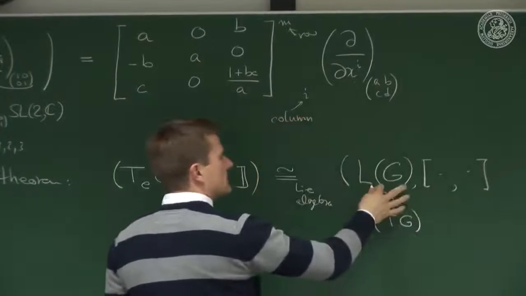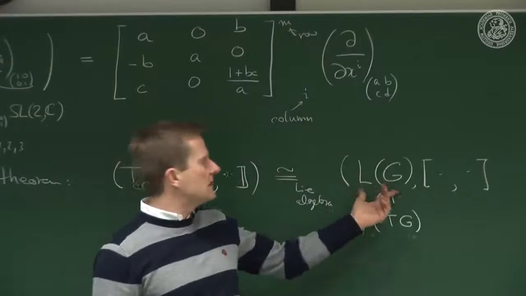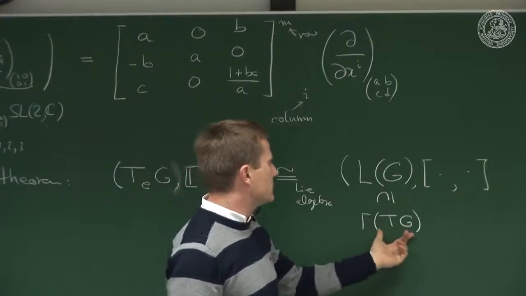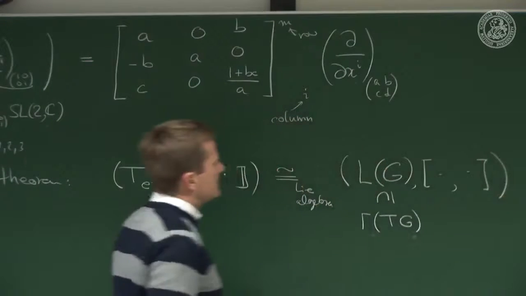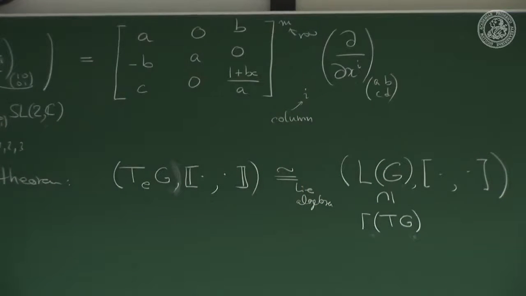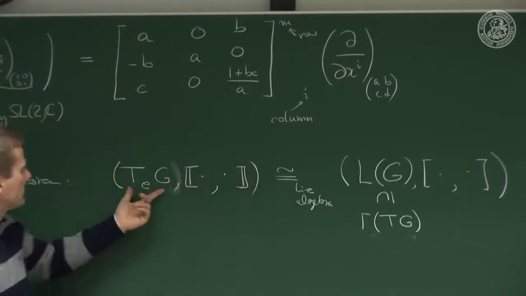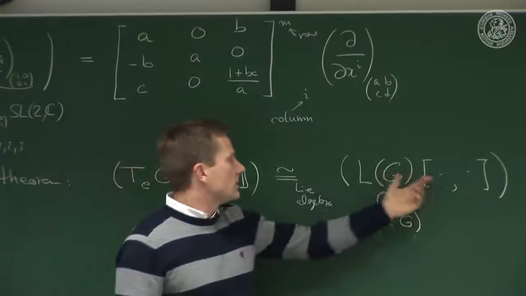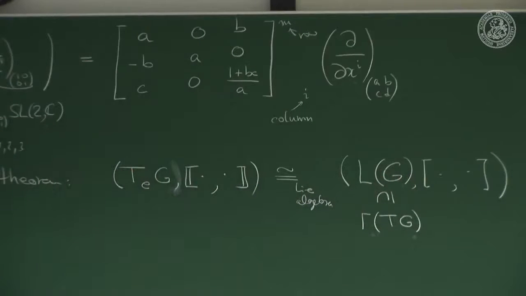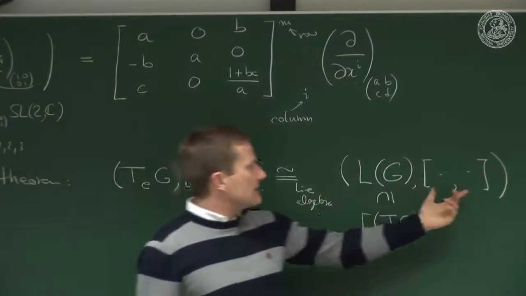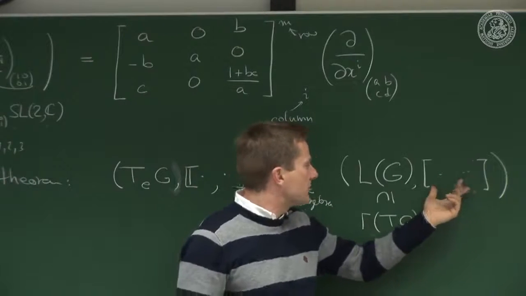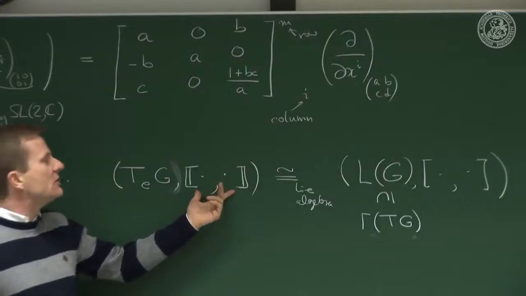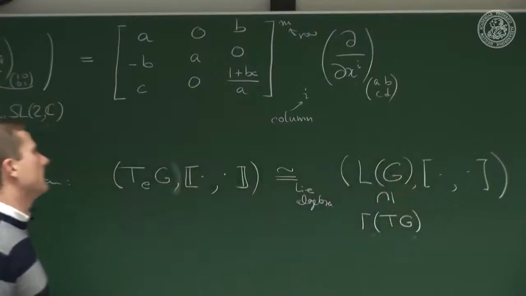But this L of G, the set of left invariant vector fields, inherits a bracket from the differential geometric Lie bracket, which is this one. And it's, of course, much more handy to deal with the tangent space at the identity and to equip it with a bracket in order to mirror this behavior. But here, this bracket we get for free because it's the differential geometric Lie bracket, whereas on this side, this bracket we need to induce from over there.